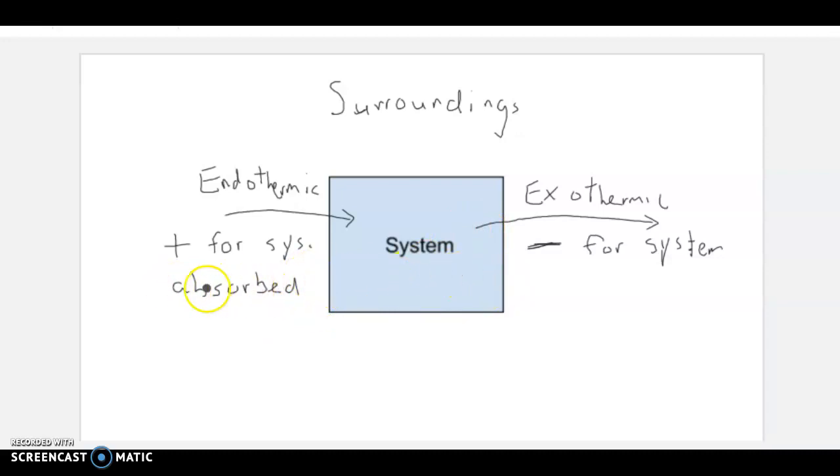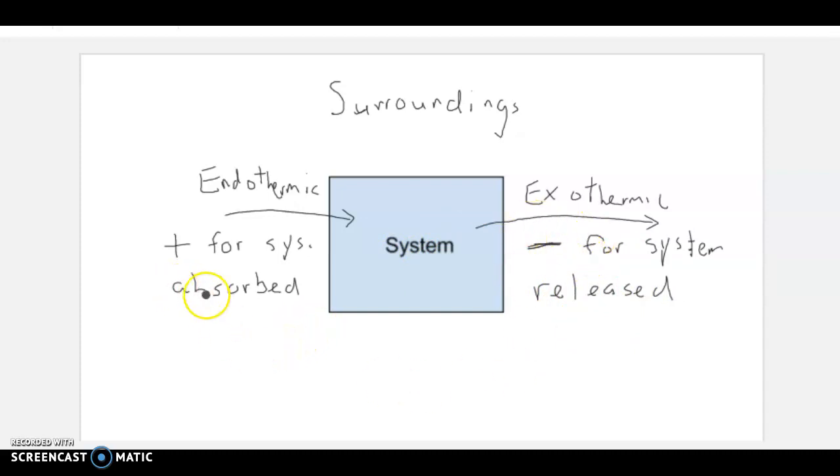If it talks about energy being released, that's usually referring to an exothermic process, so energy released by the system means it's negative for that system.